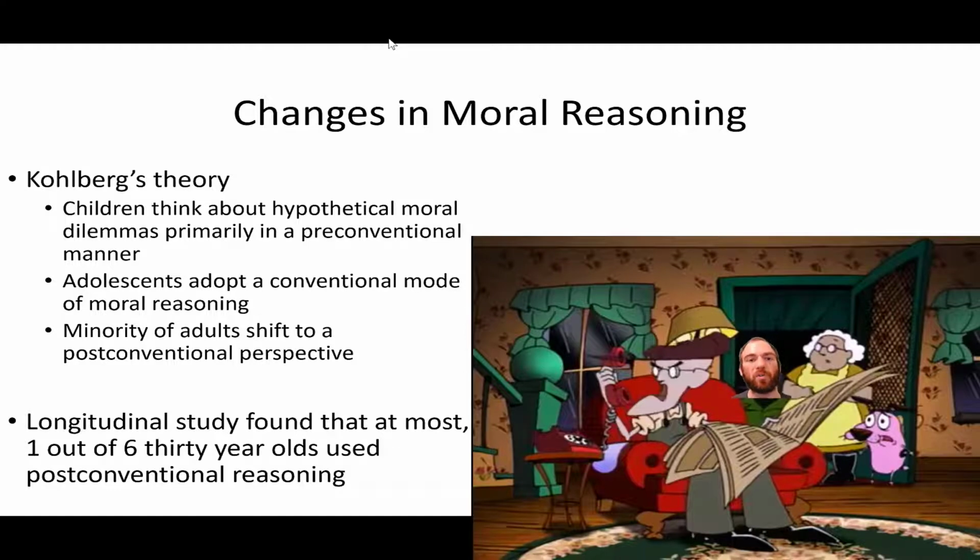So although it's universal and you have to go through the stages in order and you can't reach stages until you hit a certain age, that does not necessarily mean that once everyone reaches that stage, the super majority, according to this longitudinal study, reach that post-conventional reasoning, that abstract notions of justice guiding their behavior level of reasoning.